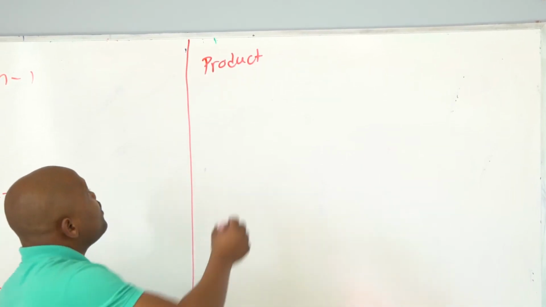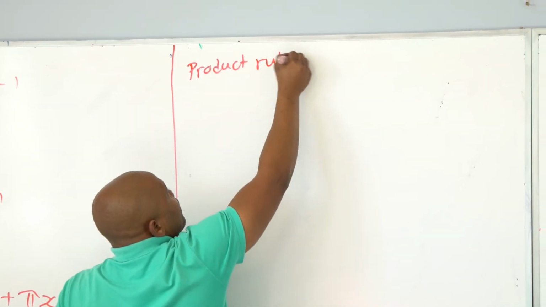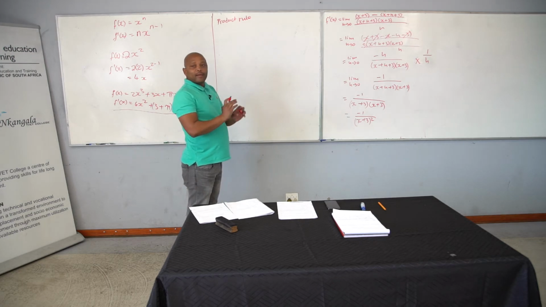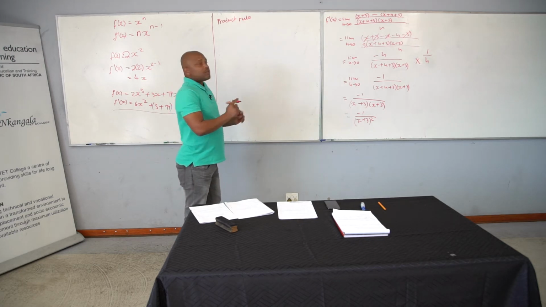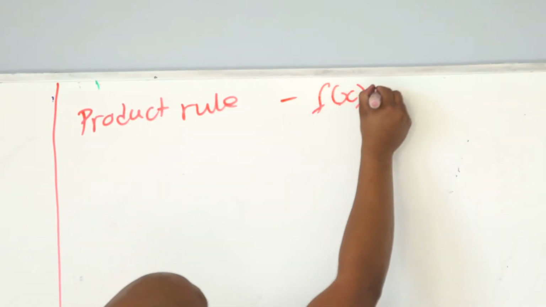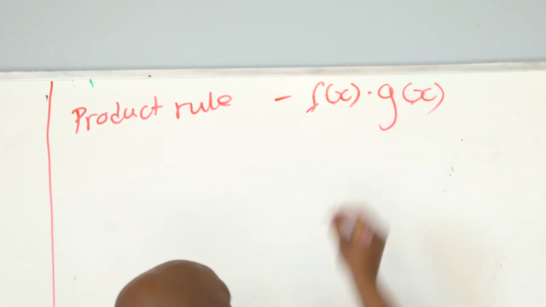A product rule talks about functions that are being multiplied. A product is a multiplication of two things, right? In this case, we are talking about function f(x) being multiplied by function g(x).